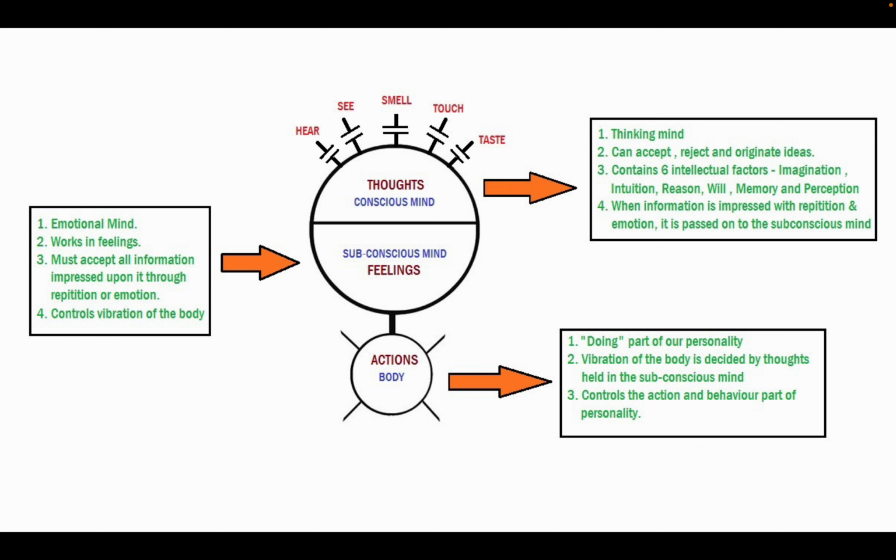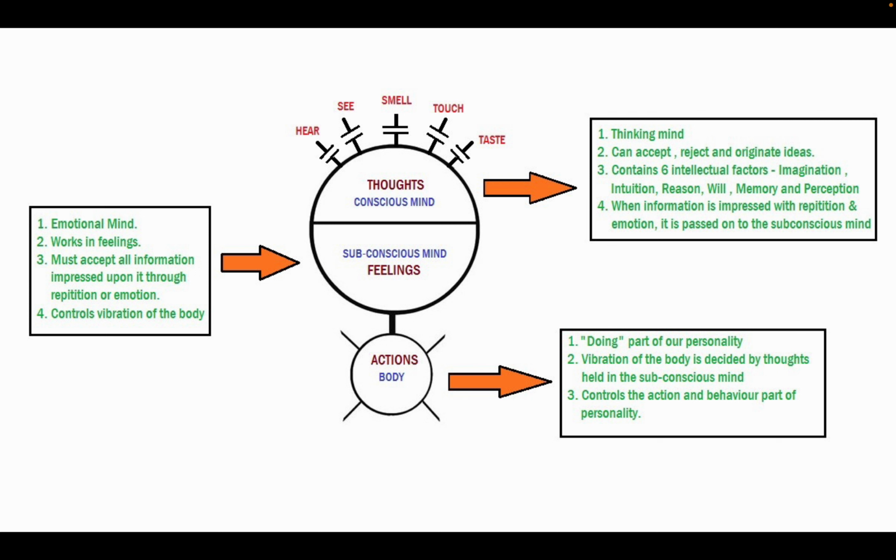So to start here, we're going to start with the conscious part of the mind. The conscious mind is the analytical mind. It's the thinking mind. Here we use our five senses to interact with our external environment. Through our senses, through what we hear, see, smell, taste, and touch, we develop thoughts and images in our mental studio.